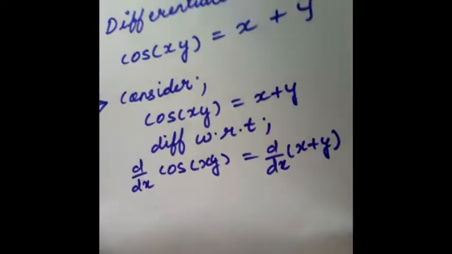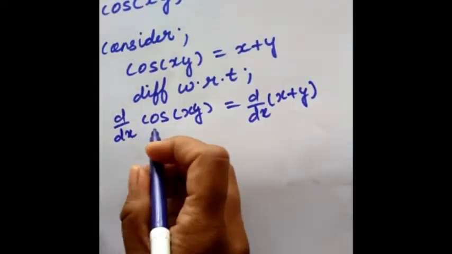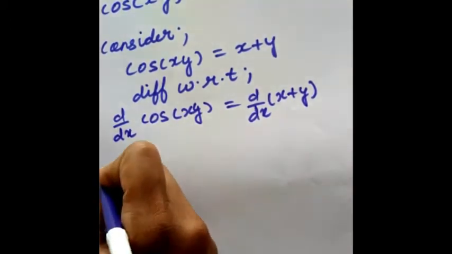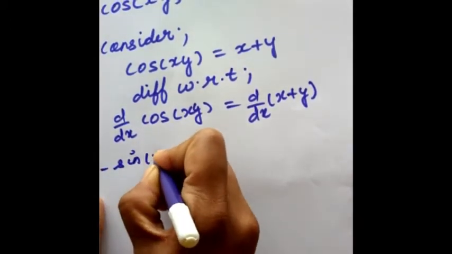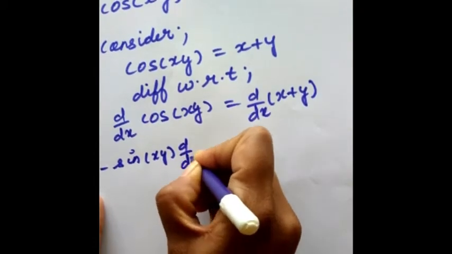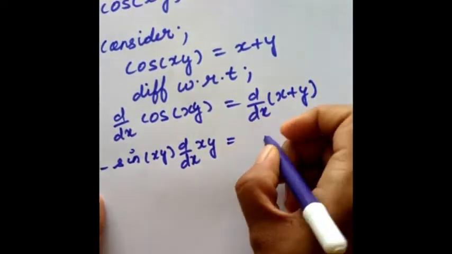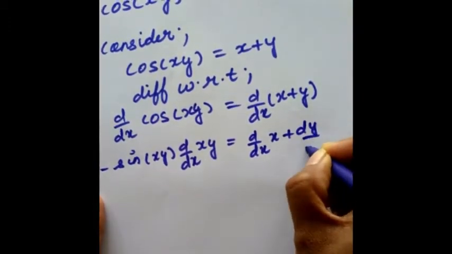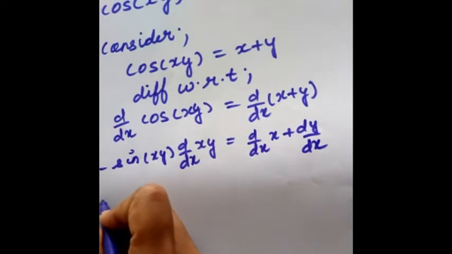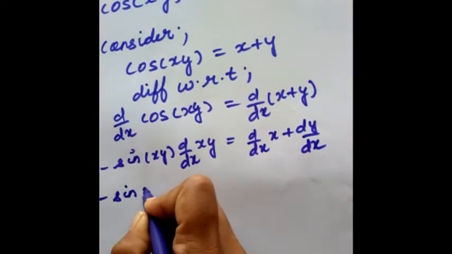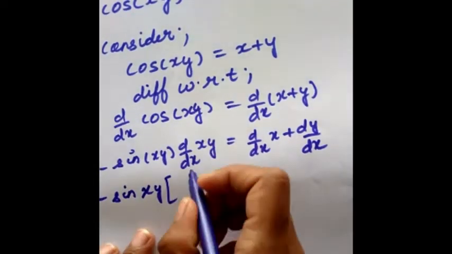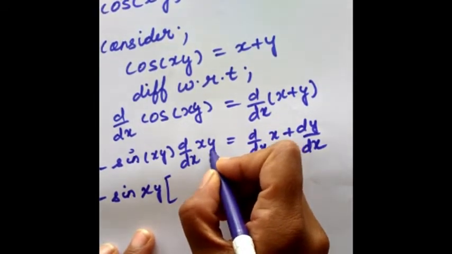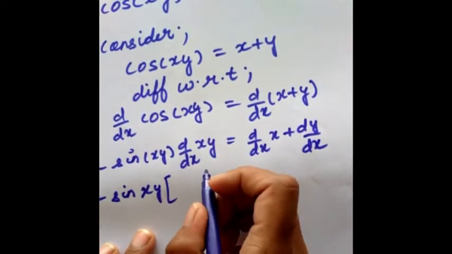Now I have to apply the derivative. The derivative of cos of xy will be minus sin xy times the derivative of xy, and on the right side the derivative of x plus dy by dx. Now minus sin xy, and inside I have to apply the product rule: first function times derivative of second function plus second function times derivative of first function.